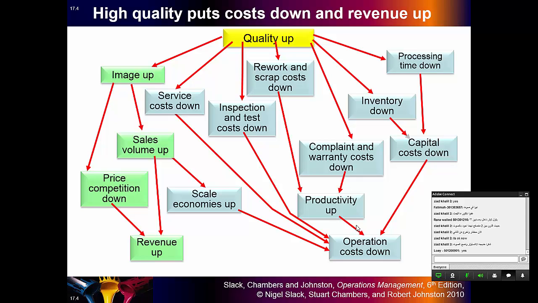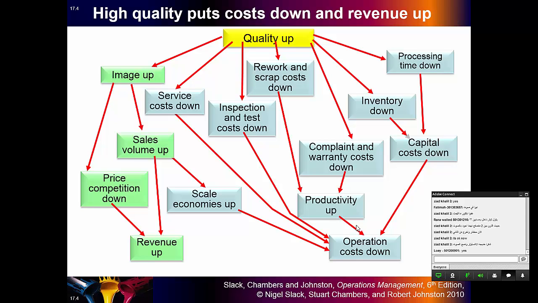Okay, when we discuss, for example, the service cost, if the quality is good, or if the quality is up to the expectation of the customer, then okay, now it's time to define quality. What is quality? Quality means conformance to specification or conformance to customer expectation.